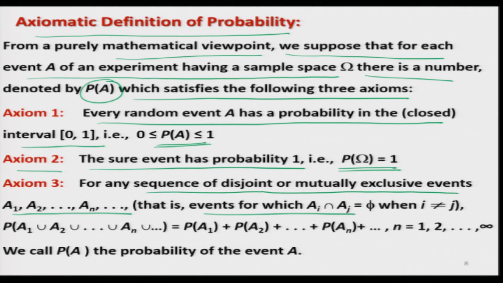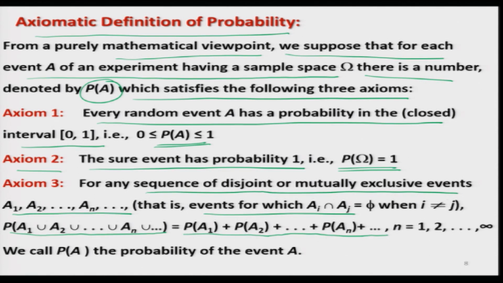do you remember that we had done the concept of disjoint events, in which we say that there are no common points between the two events Ai and Aj. In case we have such a sequence of disjoint events, then the probability of A1 union A2 union ... An ... is the probability of A1 plus the probability of A2 plus the probability of An and so on.